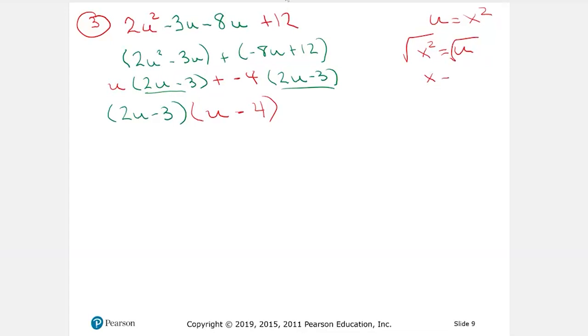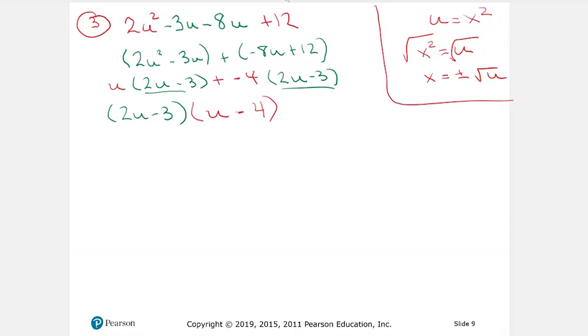And I get x equals plus or minus the square root of u. Yes? Hopefully that makes sense. Well, actually, we're going to save this for a minute, because first I'm going to solve for u.